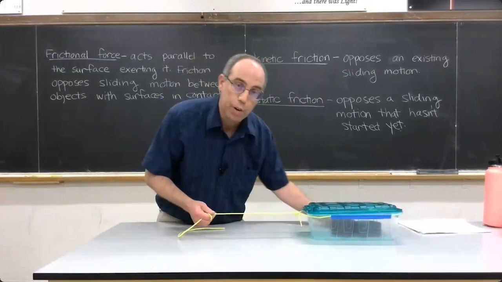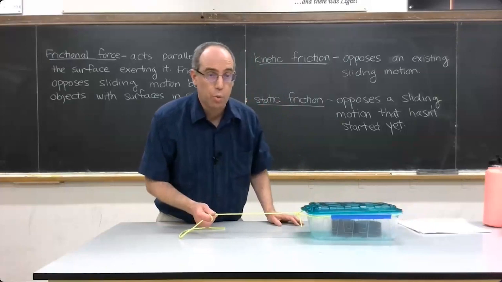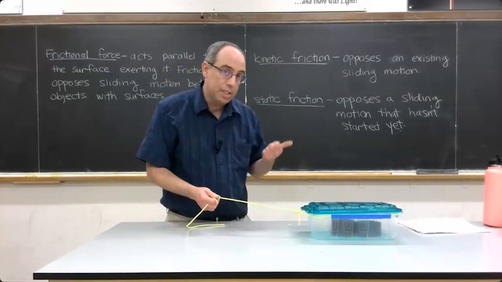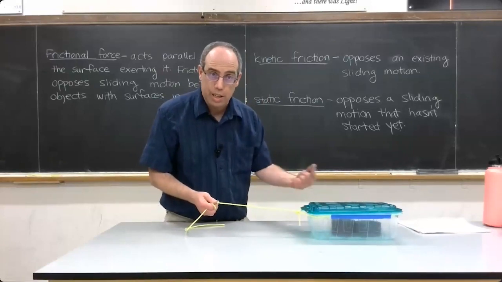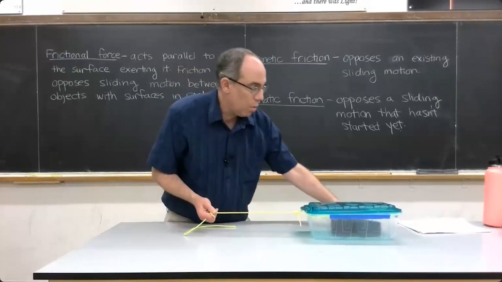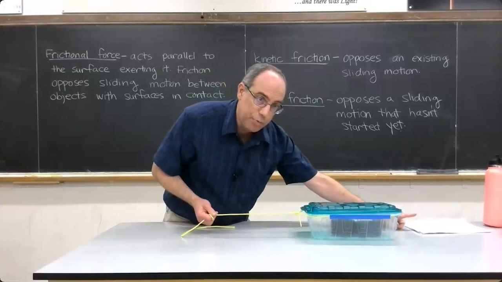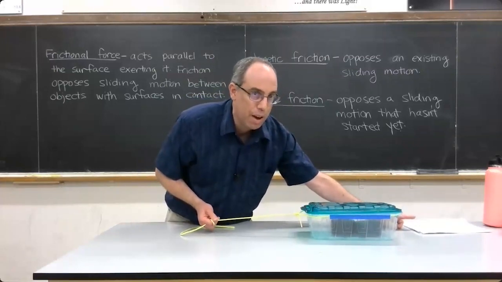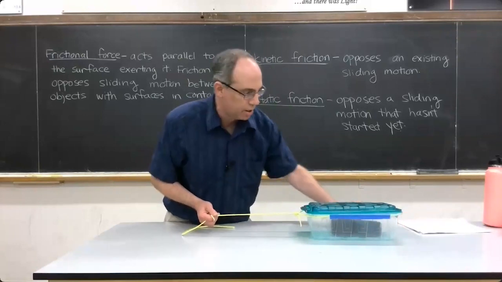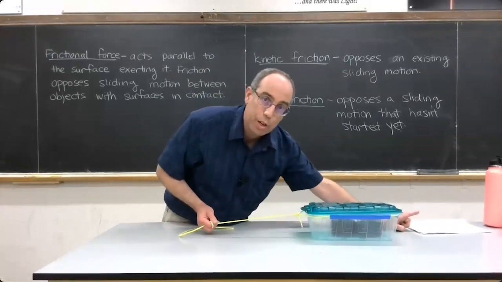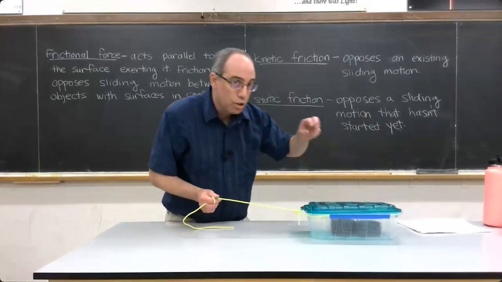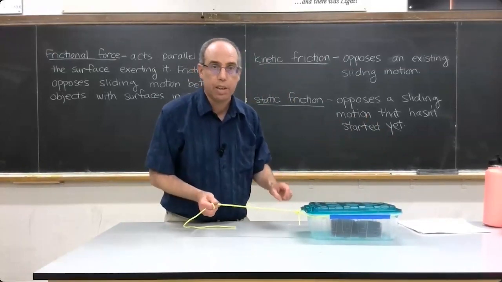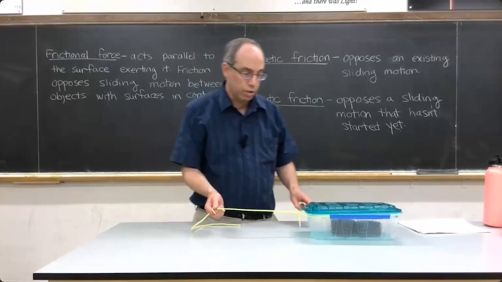Now, is this frictional force pointing the other way, opposing the pull of tension, a static friction force or a kinetic friction force? Well, in this case, the frictional force is acting to keep that sliding motion from ever getting started in the first place. So when we have a frictional force which acts to keep the sliding motion from ever getting started in the first place, we call that a static frictional force.